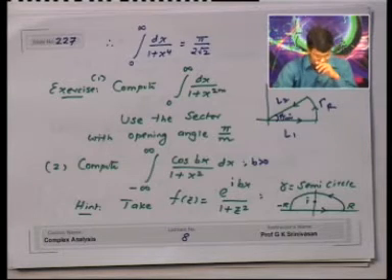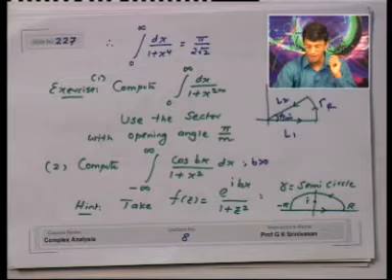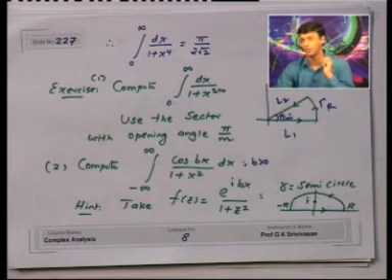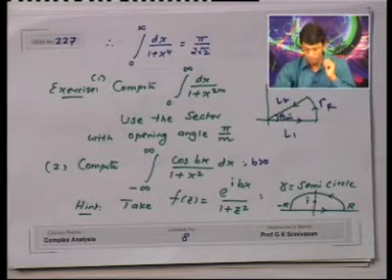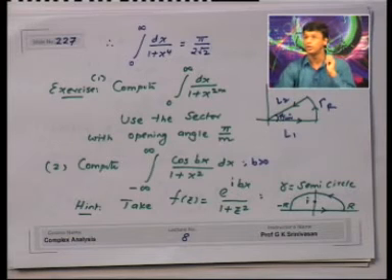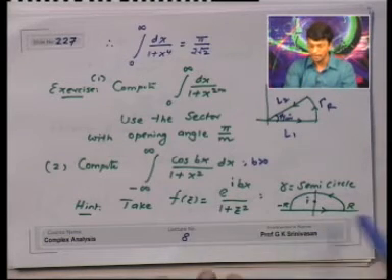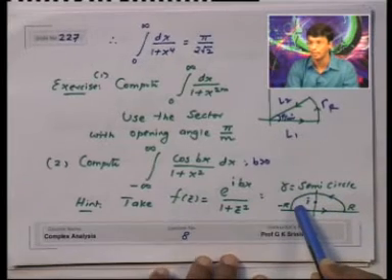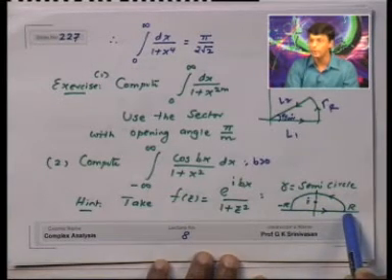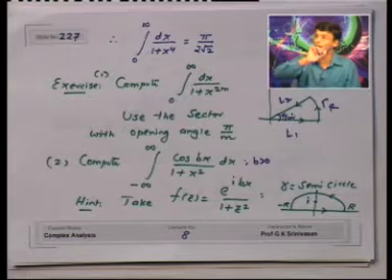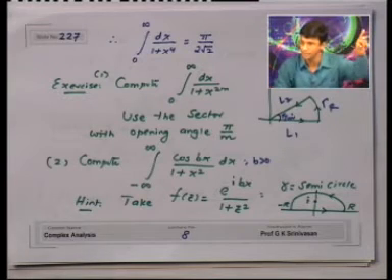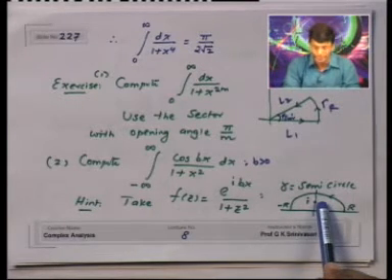I take b to be real positive. Take f of z to be equal to e to the power I bz upon 1 plus z squared, and take the contour gamma to be the semicircle, correct. This is your L1 and this is your capital gamma. The integral along the base will give you the integral that you want. The integral along the semicircle will go to 0, and then there is a pole inside, right.